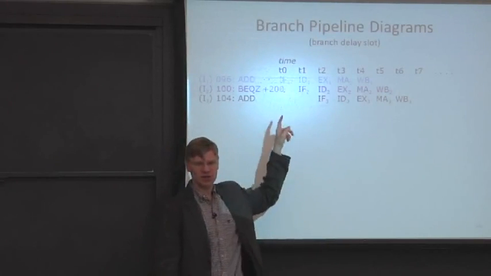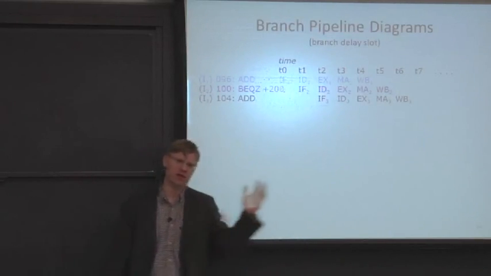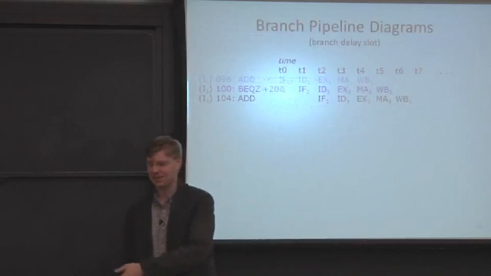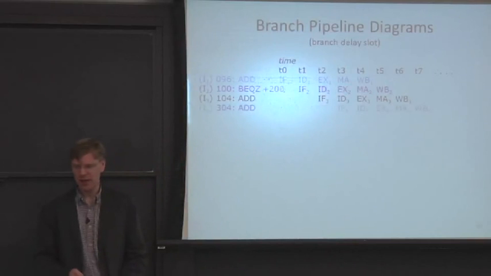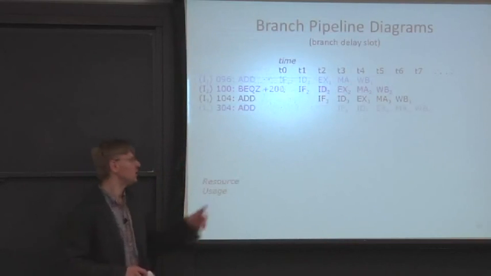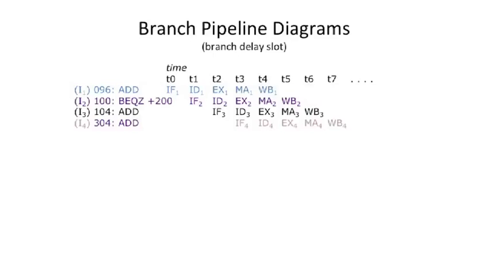So this pipeline diagram sequence here is the same whether the branch is taken or not taken. In this case, we're going to say that the branch is taken, and we go to execute this next add here. But you'll see that there are no bubbles. There are no no-ops being inserted. So we've actually improved the performance here. This is assuming, though, that this add is doing useful work.